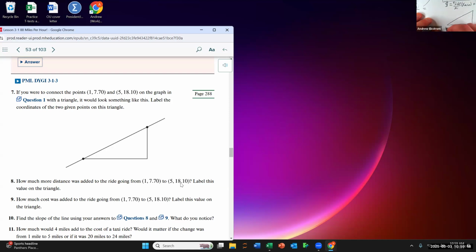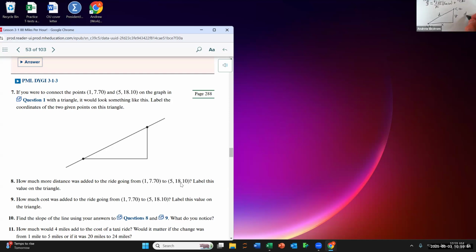This is going to be 1 comma 7.7, and this is going to be 5 comma 18.1. We want to figure out the distance from here to here, and I'm going to call that D. Because this is the X direction, I'm going to call that X, and because this is the Y direction, I'm going to call that Y.